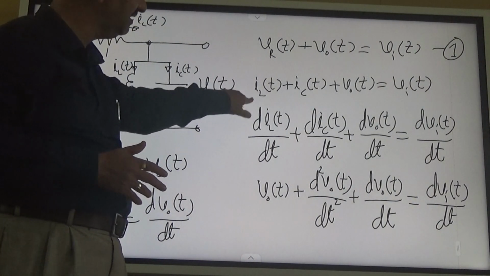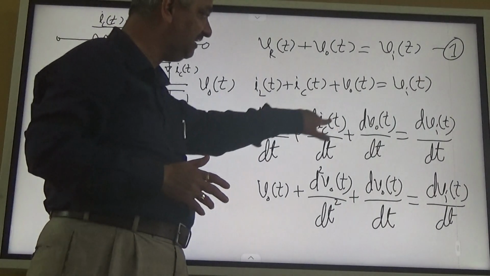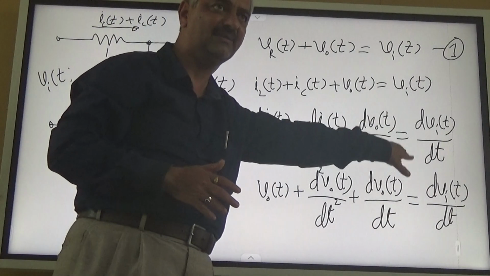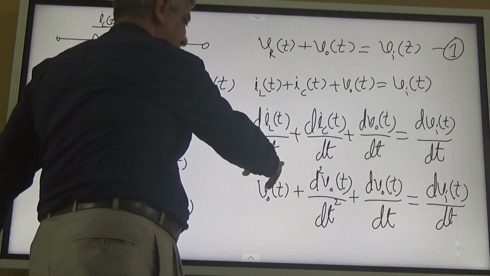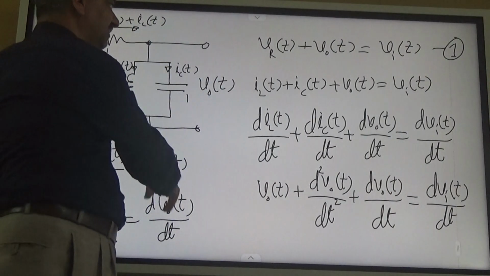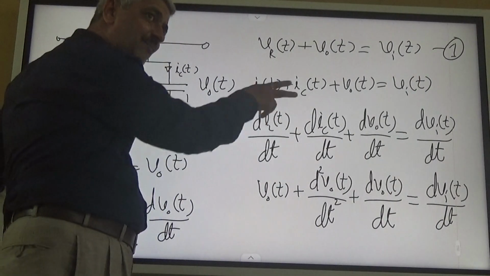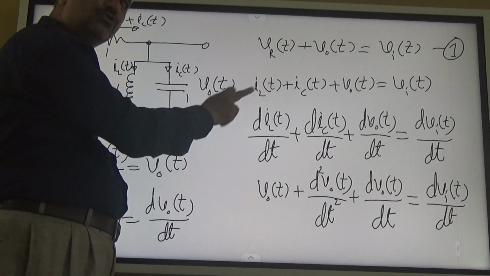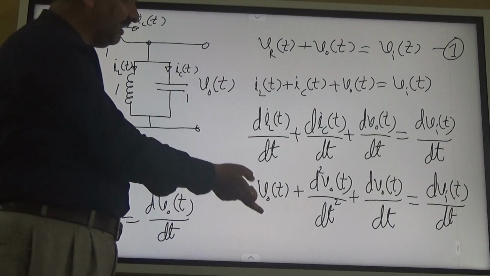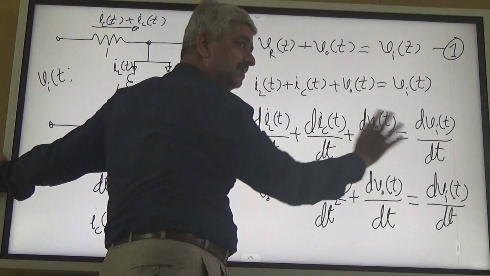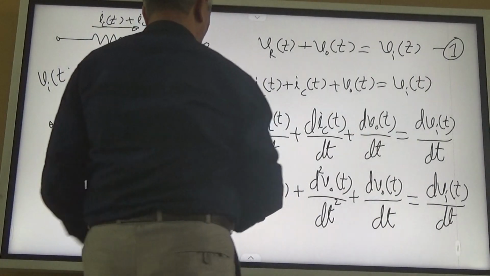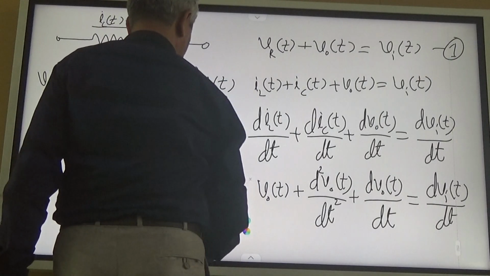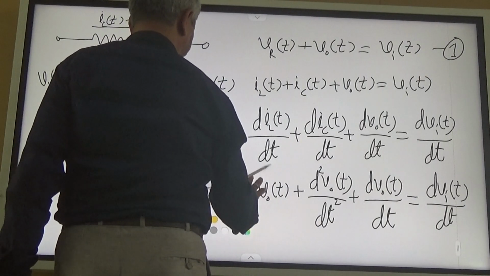So differentiating this, dILT by dt plus dICT by dt plus dVOT by dt is equal to dVNT by dt. Now this dILT by dt is VOT, dICT by dt is d by dt of ICT, ICT is dVOT by dt, so d by dt of that is d2 VOT upon dt square plus dVOT by dt equal to this. So just rewriting what we get, the final equation, just in sequence.